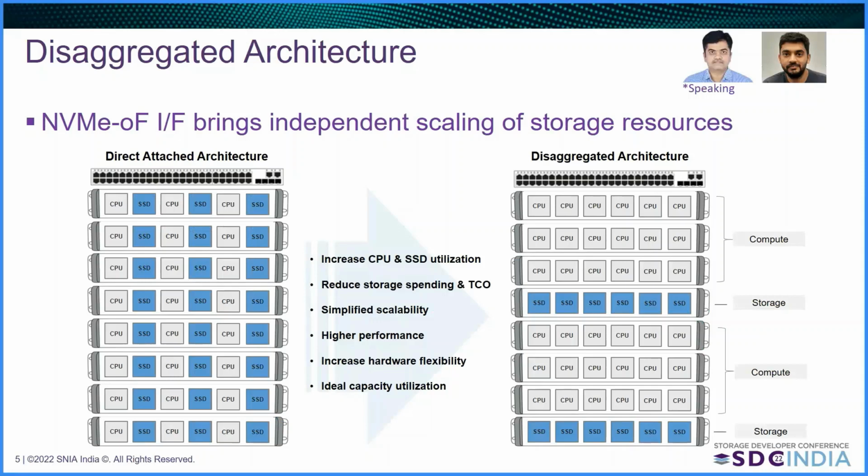Storage comes over network with the NVMe-oF interface. This helps increase the CPU and SSD utilization, reduces storage spending and total cost of ownership. It simplifies the scalability, provides high performance at lower latencies, increased hardware flexibility, and also it helps us achieve ideal capacity utilization.